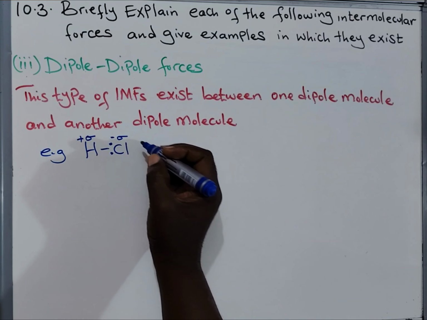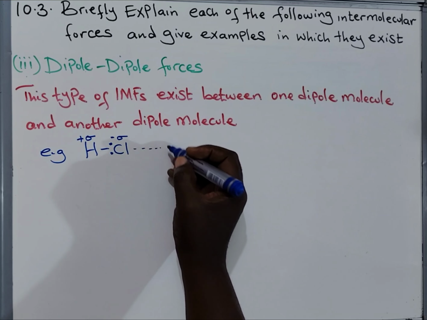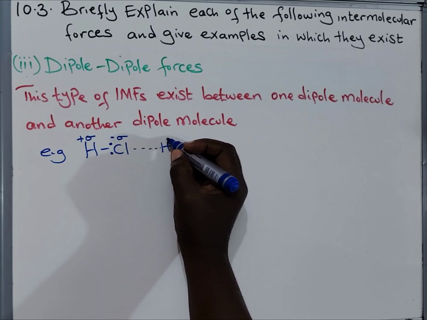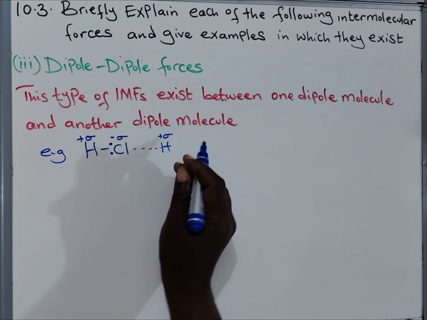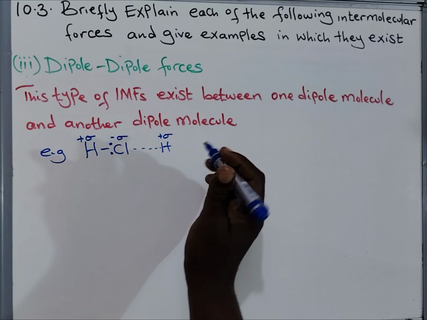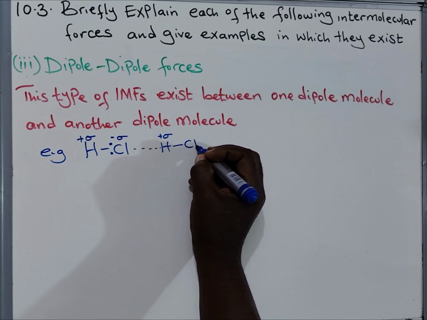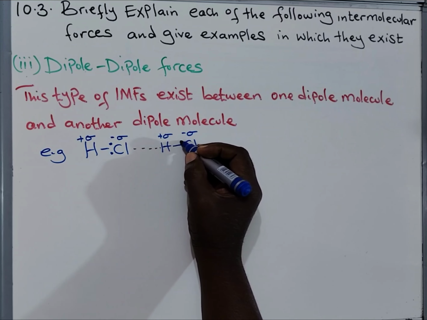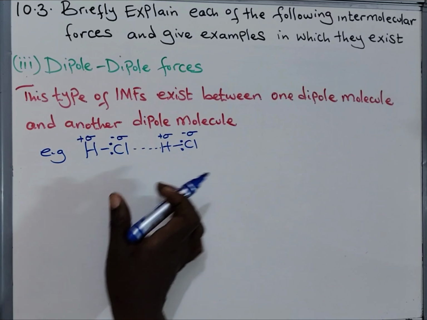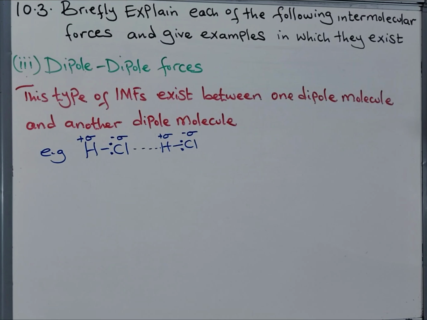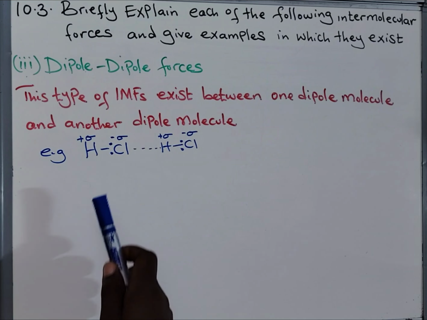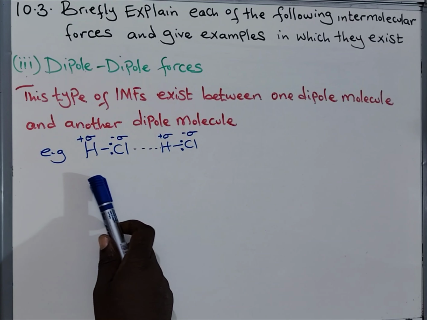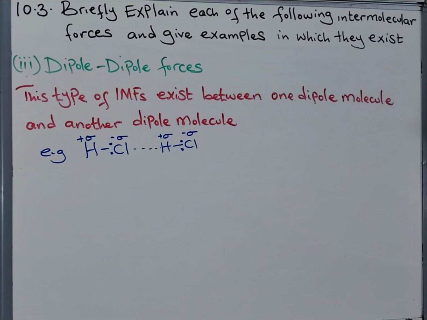Because this one is partially negative, the next link will be the hydrogen, which is partially positive. Remember that attraction is between unlike charges. So this link here is what we call dipole. This bond exists between two molecules which are permanently polar, or dipolar.